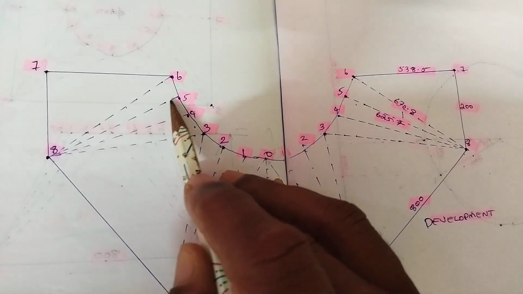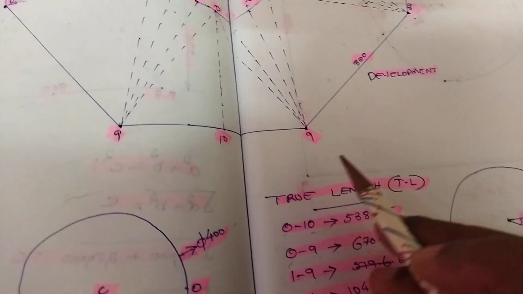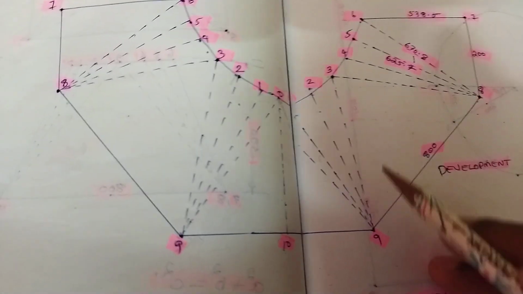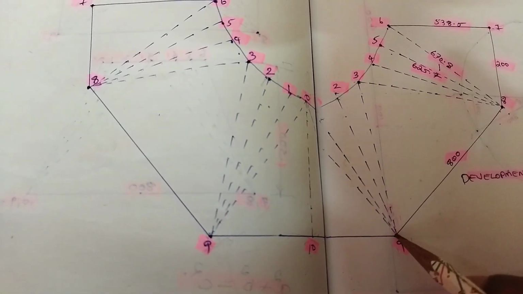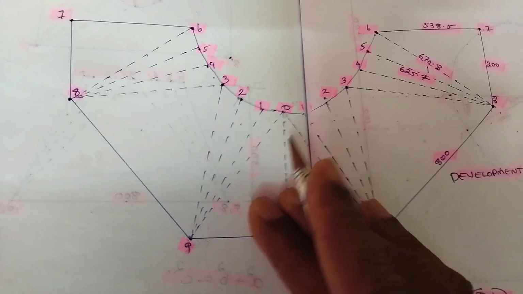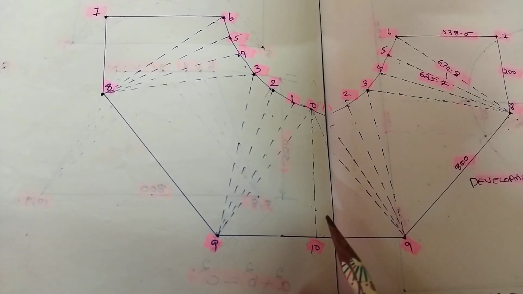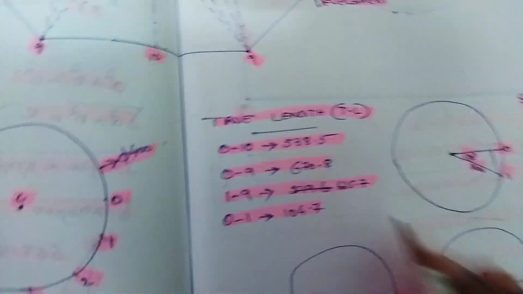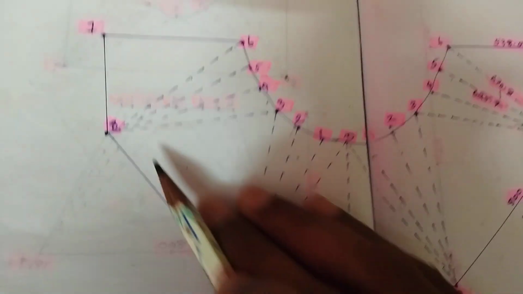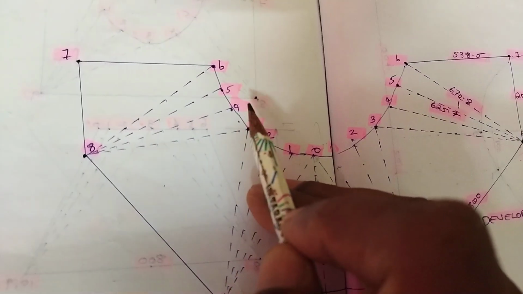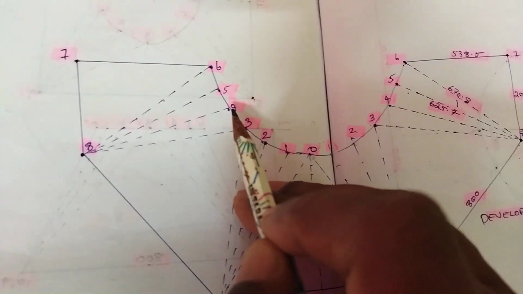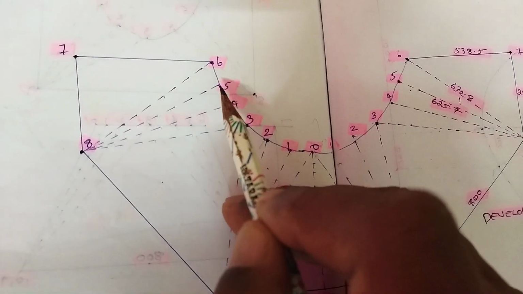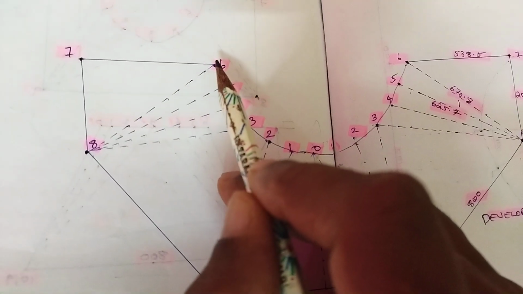How will 8 to 5 be? 8 to 5 will be same as 9 to 1. 1 to 9 is 625.7. 625.7 has to be drawn here. Afterwards, the 9 to 5 measurement you know.